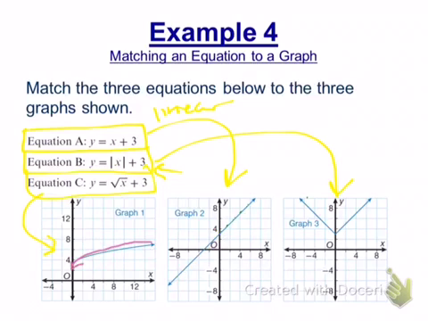Abby? You can't take the square root of a negative number, right? So y equals the square root of x. We can't put negative numbers in there, so it starts at x equals 0. Yes, right? Is everybody clear with that?